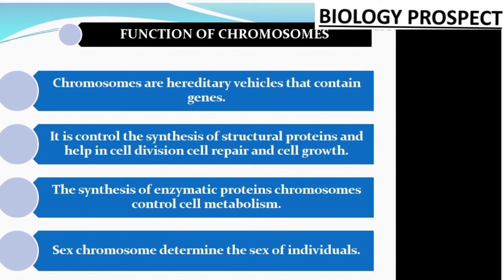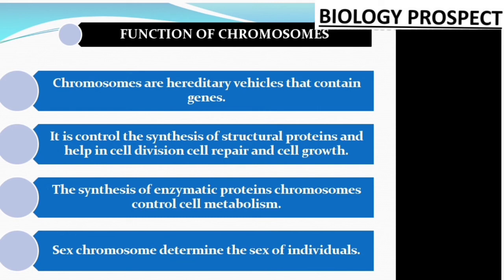Chromosomes are responsible for heredity, conveying the hereditary material from the parents to the offspring through cell division. Cell repair and cell growth are also part of cell division. Third point, the synthesis of enzymatic protein. Chromosomes control cell metabolism.